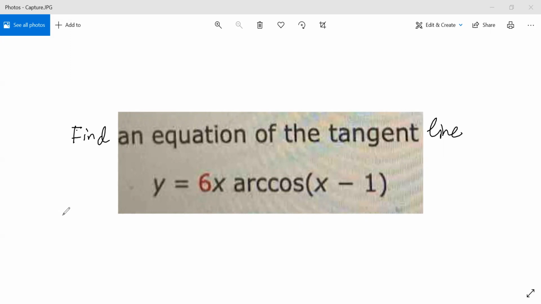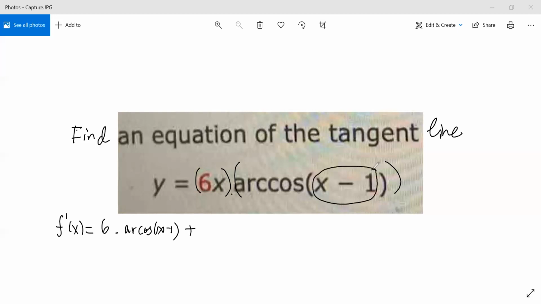So I will just do y prime, which is going to be by product rule because this is 6x is one function and arc cosine is one function. So using the product rule, derivative for first function is 6 times arc cosine of x minus 1 plus derivative of arc cosine, which is derivative of inside, and then you take the opposite of that, so that's negative 1 over square root of 1 minus (x minus 1) squared, and then times the first function, which is 6x here.